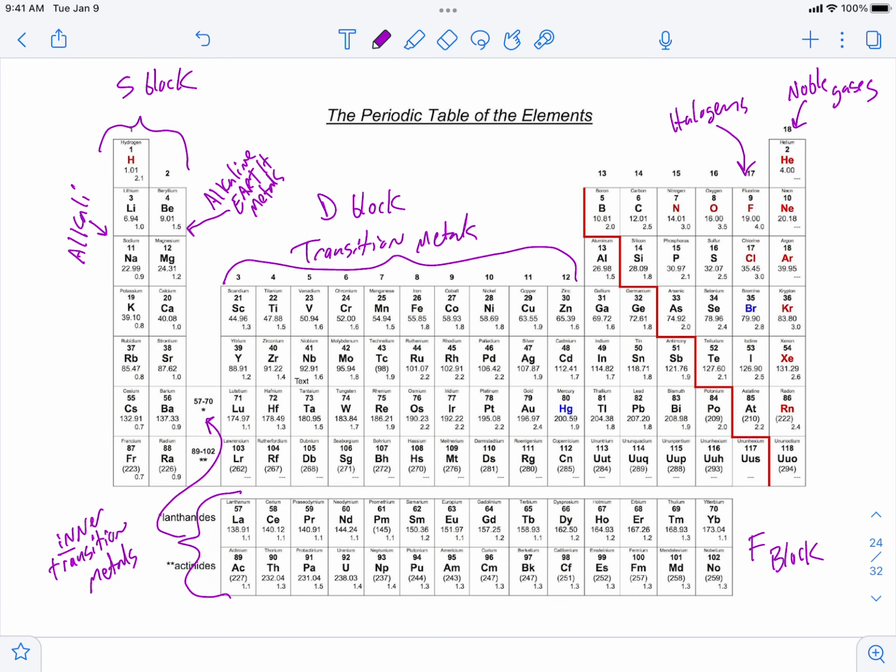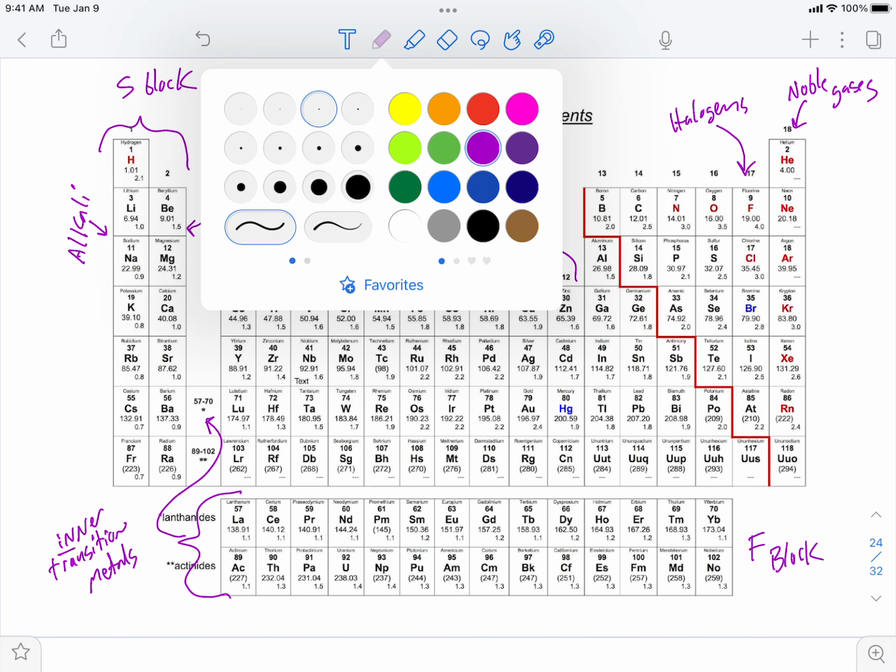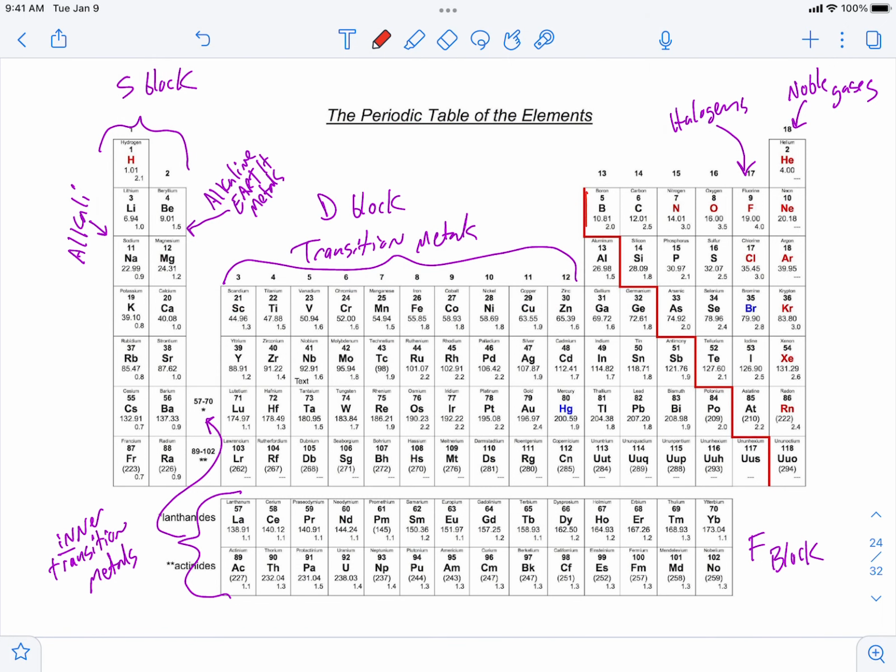All right. So then, probably the most important line on here is this red line, which I don't think is written on your periodic table, or if it is, it might just be black and white, it might be kind of hard to see. This red line is our staircase. And the significance of the staircase is that it separates all of our metals from our non-metals.